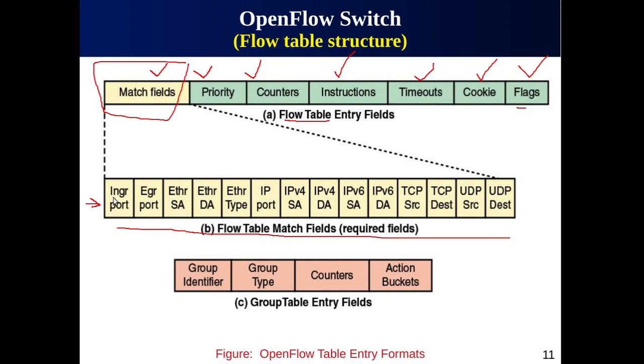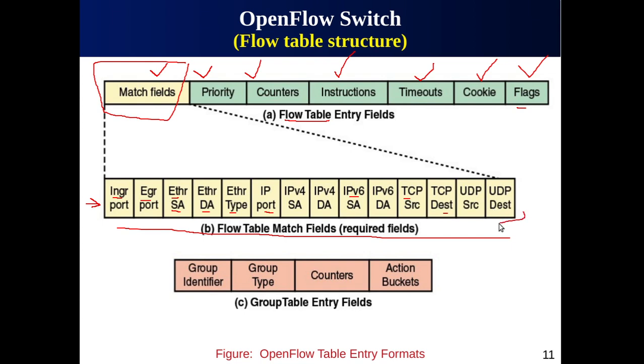If we open the match field, it has certain things inside it. For example, ingress port, egress port, Ethernet SA for source address, DA for destination address, the type of Ethernet, IP, whether it is IP version 4 source and destination or IP version 6, TCP source, TCP destination, UDP source, UDP destination.